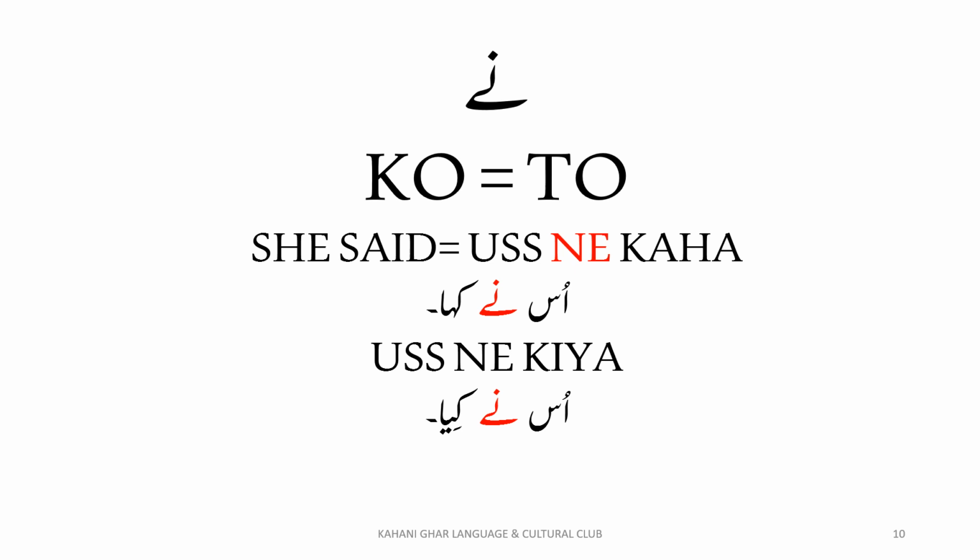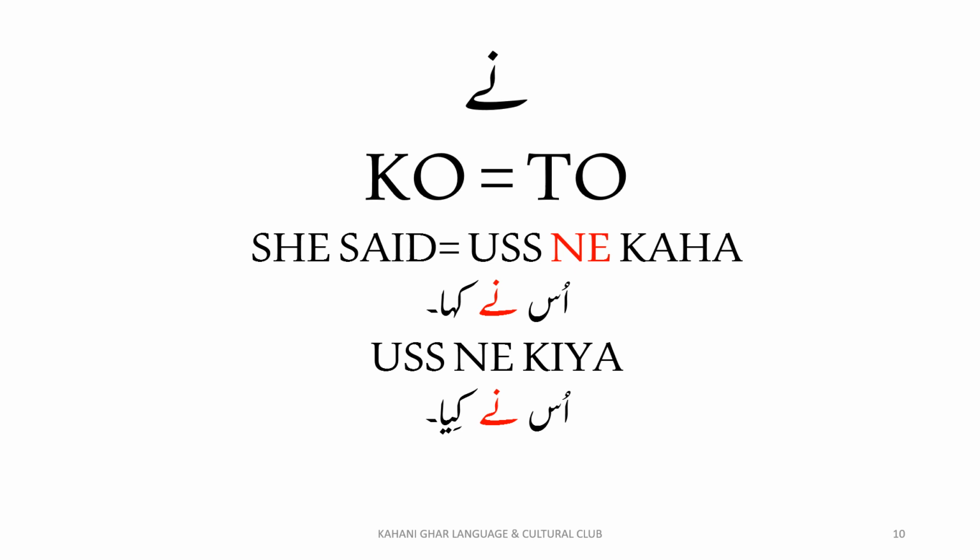Ne. In another context, ne is used like ko. That means to. For example, we don't have any preposition. You can't see any preposition in this small sentence: she said. But in Urdu, we say उसने कहा.